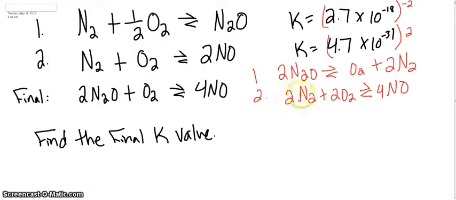So that gave us 2N2 plus 2O2 goes to 4NO. So we just took this K value of 4.7 times 10 to the negative 31st and we squared it. So then we just multiply those K's together, and that gave us a final K value of 3.03 times 10 to the negative 26th.